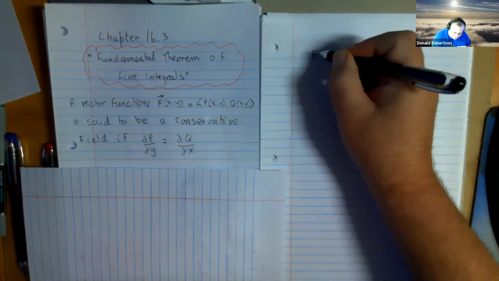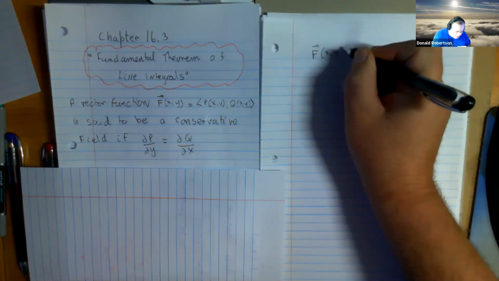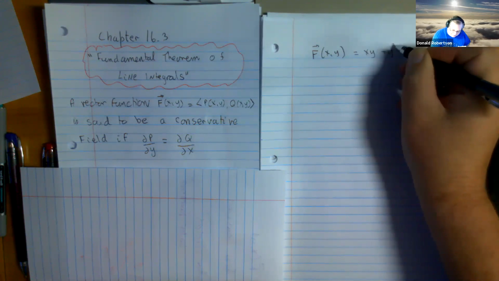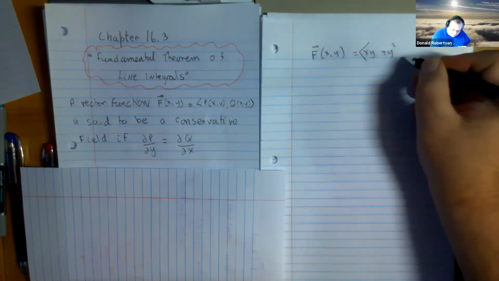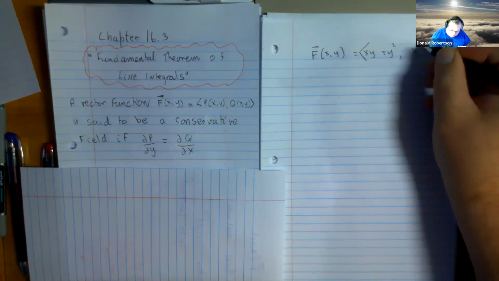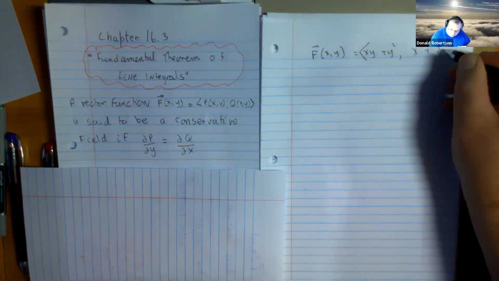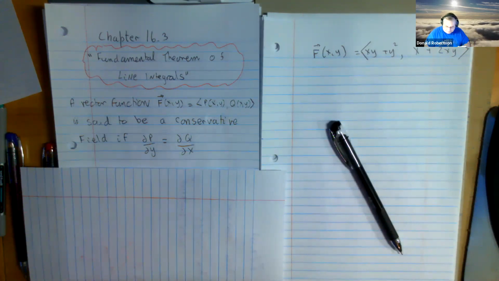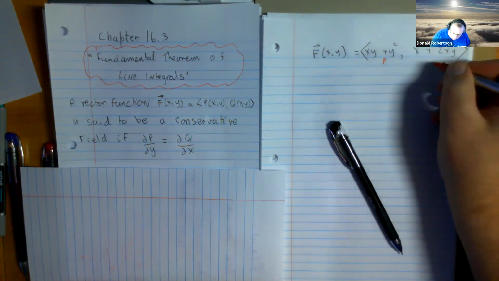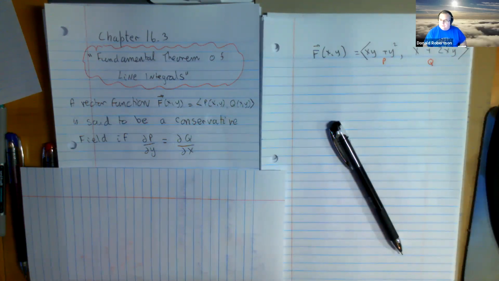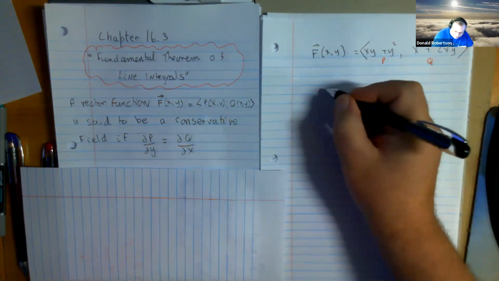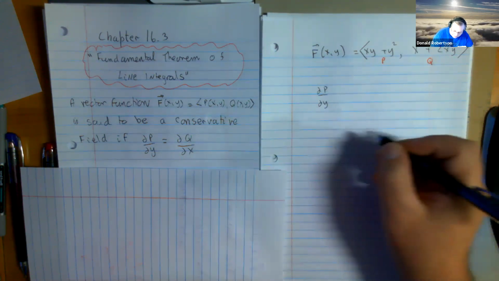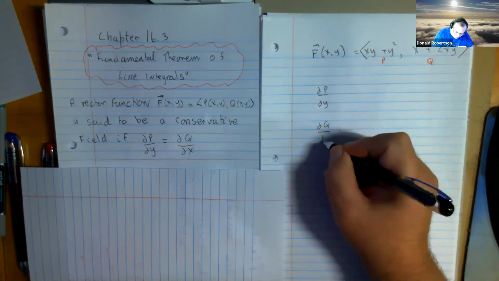So here is our first example of that. According to the naming scheme I'm using, this first part will be called P and this second part will be called Q. The test is simply the partial derivative of the first one with respect to y and the second one with respect to x.